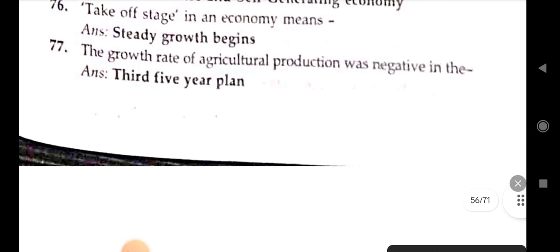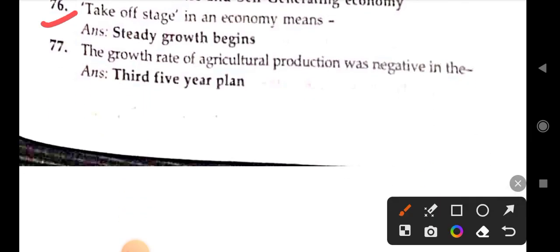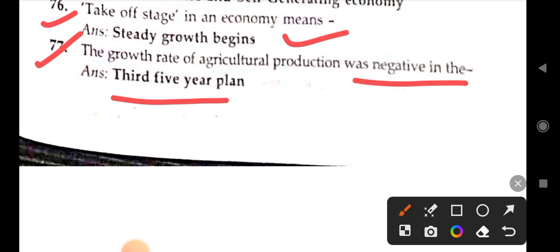Next, 76th number, take-off stage in economics means steady growth beginnings. The growth rate of agricultural production was negative in the third 5-year plan.